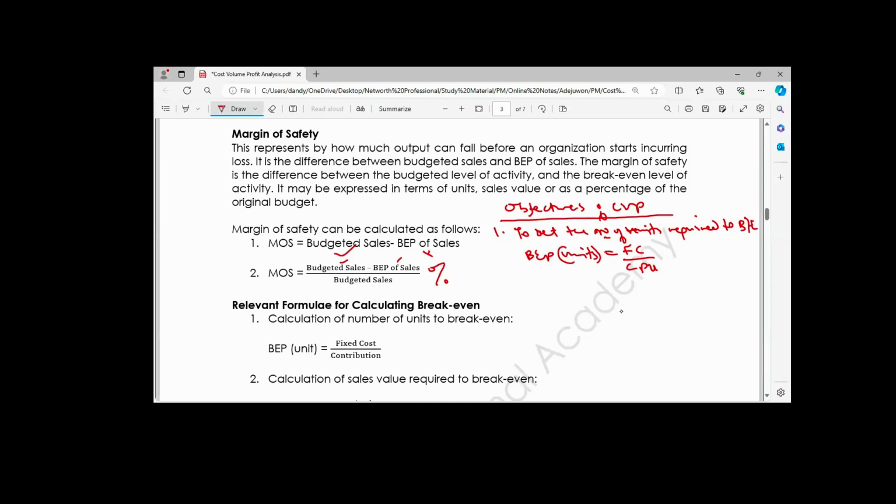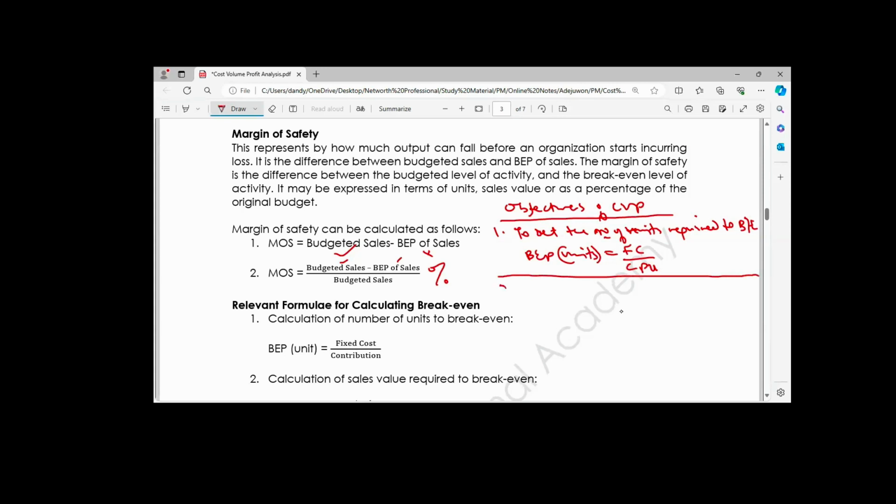As a manufacturing company, how many units do you need to produce to break even? When you break even, you don't make profit and you also don't make loss. To calculate that, it is fixed cost divided by contribution per unit. This is one objective of CVP.